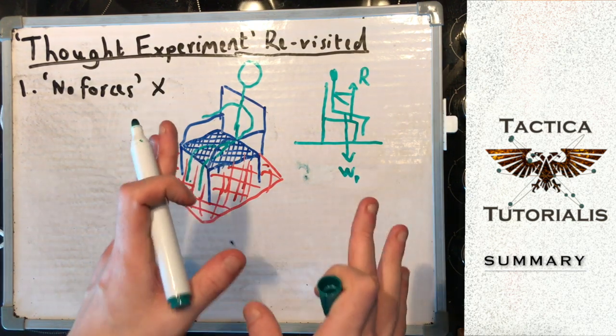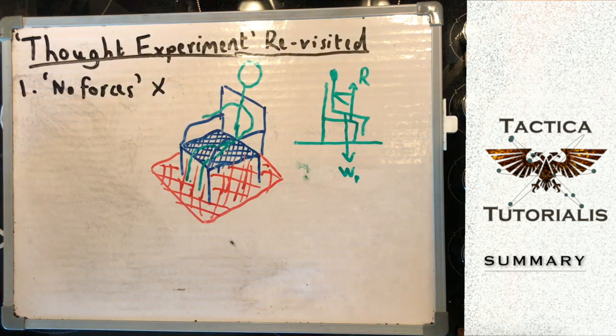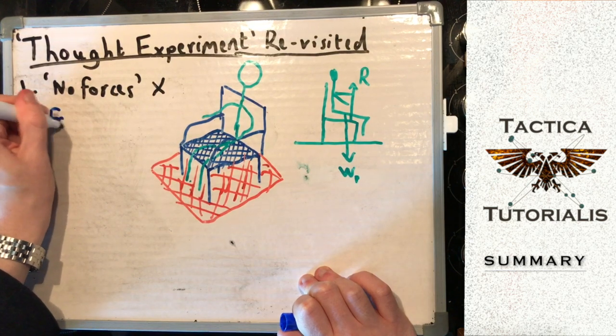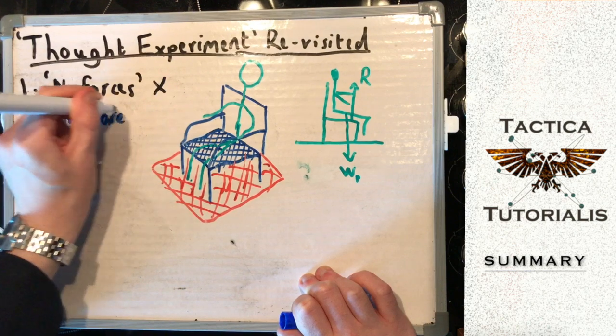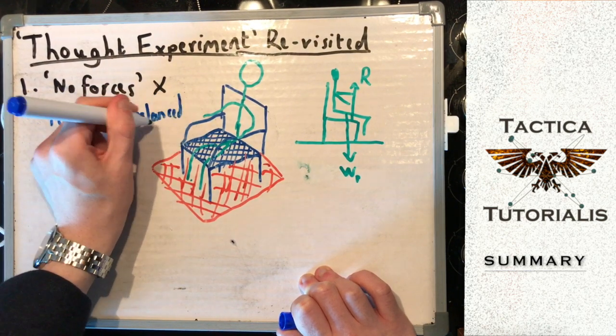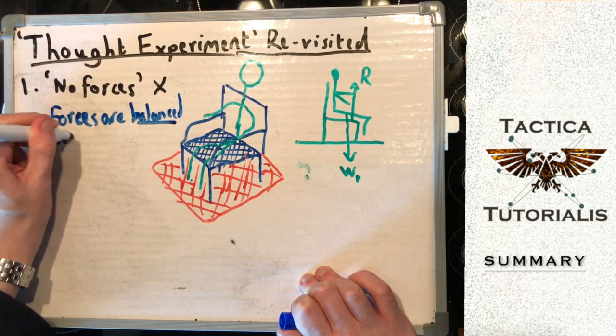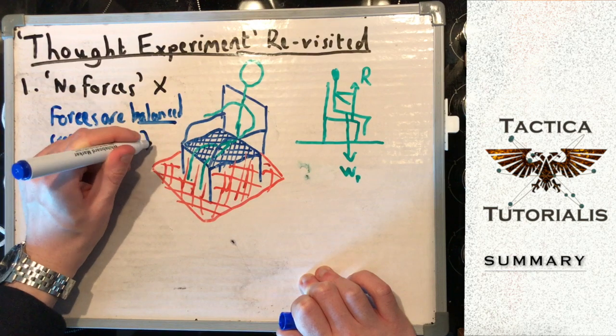But if therefore the object or this person is not moving, what can we say about their forces? Well, we must be able to say, coming back to our resultant forces, that the forces are balanced. Or you could say the resultant force is 0.